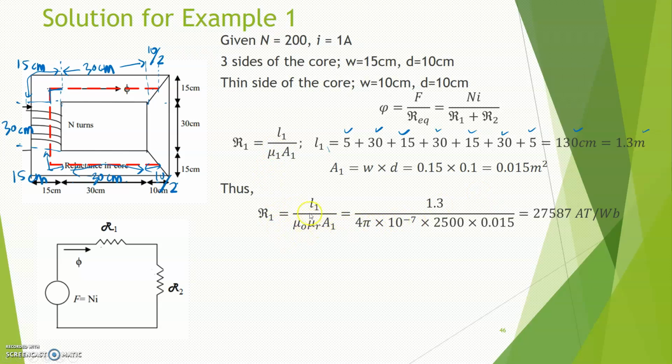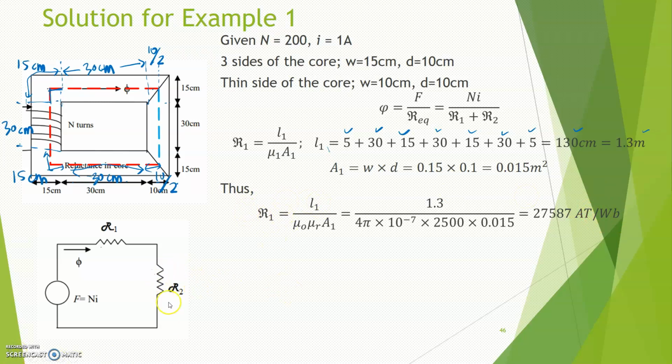The mu r given in the question is 2500. A1 is equal to 0.015 meter squared. Once you substitute all the values, you get the reluctance for core number 1 is 27,587 ampere turns per Weber. So this is the first reluctance.